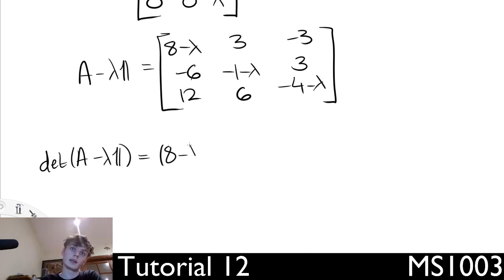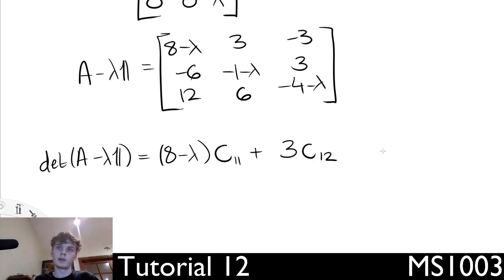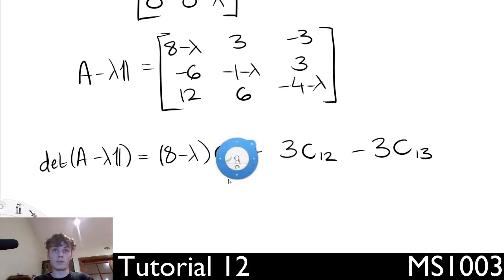I take my first entry of my first row and multiply it by the cofactor expansion along the entry 1,1. Then the second part of the first row times the cofactor expansion along this entry, and minus 3, the last guy, multiplied by the cofactor expansion along this guy.